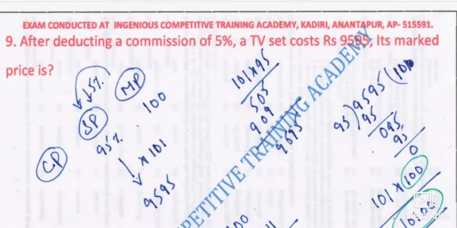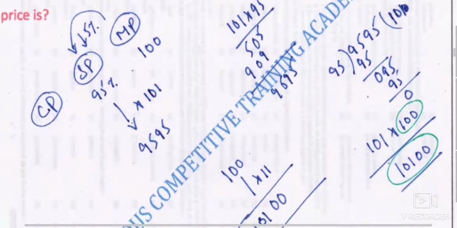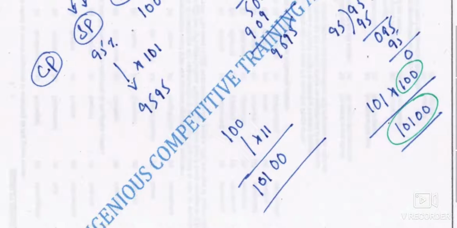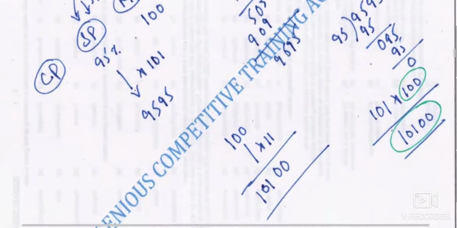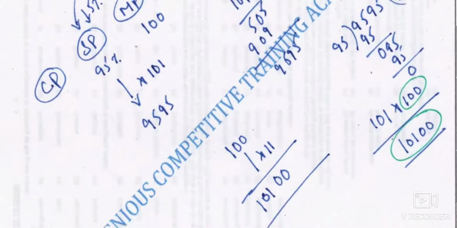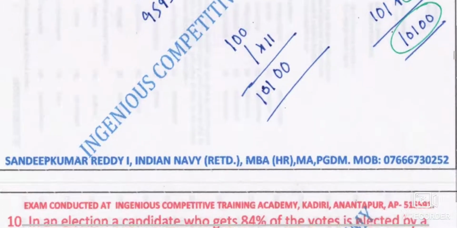So that 95% is equal to 9,595. So 95 into 101 you will get as 9,595. It means 100% into 101, so 10,100 is the right answer.